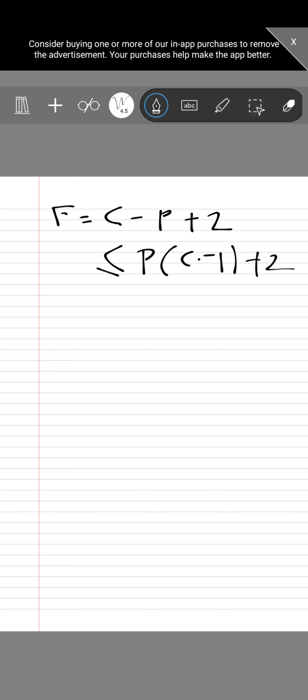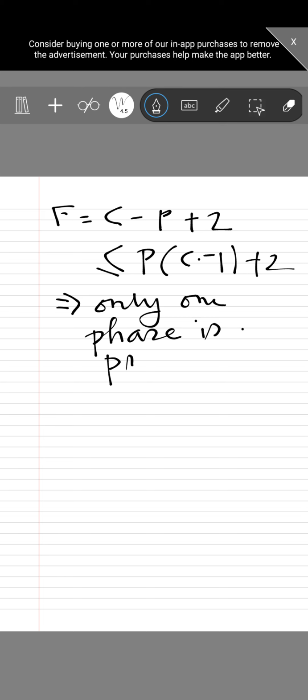From this we can observe that only one phase is present in the system, since for this equation to be valid, P has to be equal to 1.